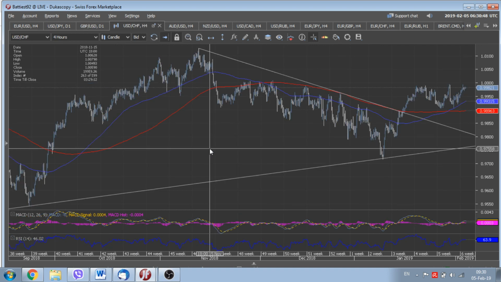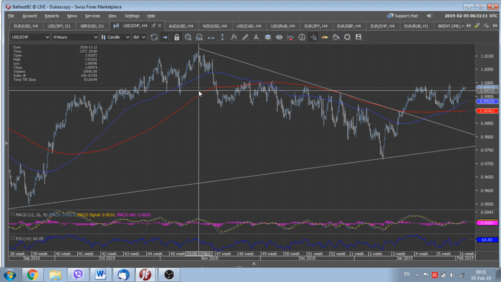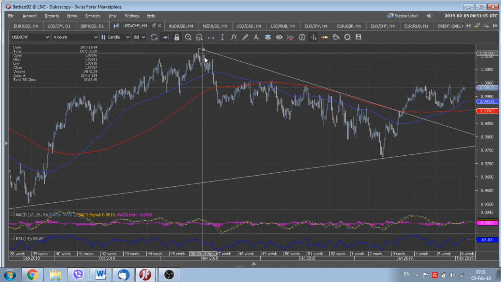Dollar Swiss is very close to crossing its critically important barrier located around the parity level, and in case of a real closing above this level, probably the pair will further improve its bullish perspectives, and the next level to watch to the upside will be the highs of 2018 located around 1.0128.